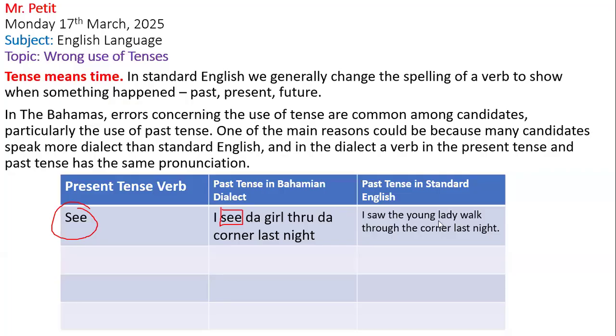Pretty good. Can I try, Mr. Petit? Go ahead, Malik. I saw the young lad walking through the corner last night. Wow, do it again. I saw the young lad walking through the corner last night. Okay. Not bad.